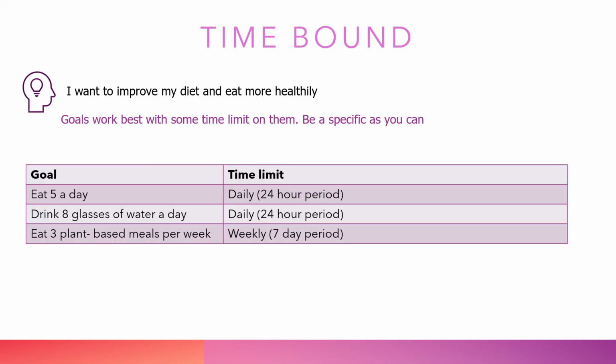So let's have a look at our example goals that we've been using. We might make our goal daily. We might set that within our 24-hour period. We might even put a specific time of the day on that if you wanted to make it really specific. Or maybe it might be a weekly goal, Sunday to Sunday, that you might set your goal.